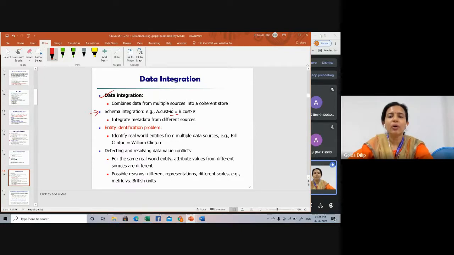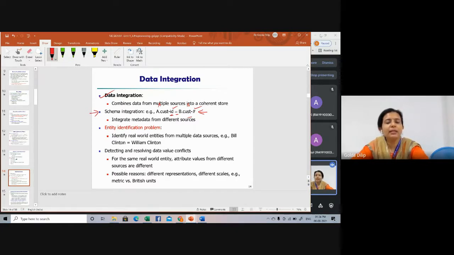I want to tell that the id and the number are the same. This may be present in database A and that in database B, so when you go for data integration, I have to tell that this customer ID is equal to that customer ID. That is nothing but integrating the metadata from different sources.